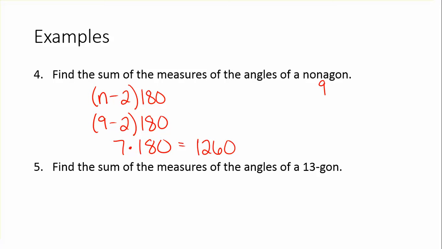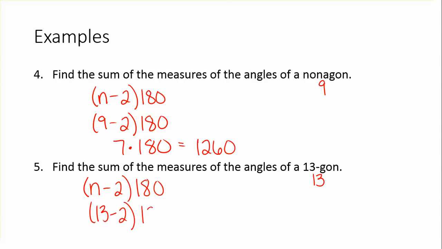Here we are asked on number 5 to find the sum of the measures of the angles of a 13-gon. And once we get past 10, we can say 11-gon, 12-gon, 13-gon, and so on. So a 13-gon obviously has 13 sides. So we're going to use our formula, n minus 2 times 180. Remember that n represents the number of sides. So it has 13 sides.